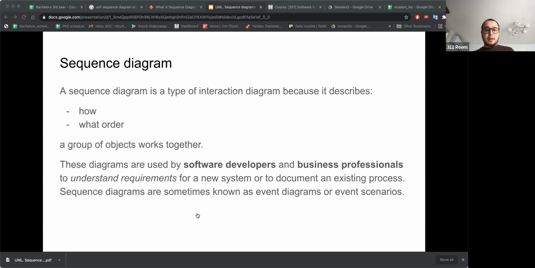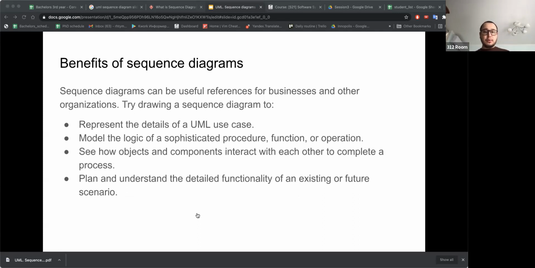If you have a question, why do we need such a sequence diagram, because we have a lot of other similar diagrams, right? This particular diagram covers some spatial aspects of requirements engineering. First of all, you can represent the details of a UML use case.